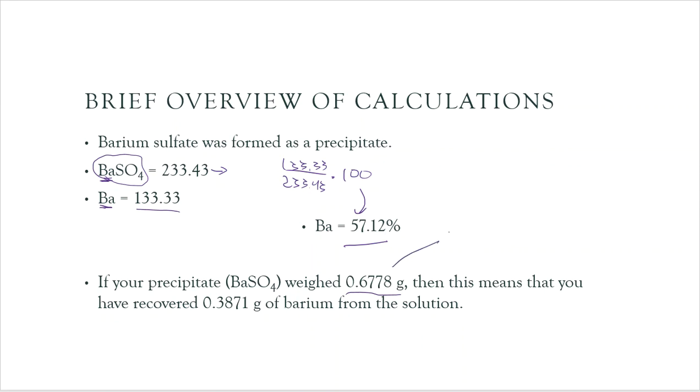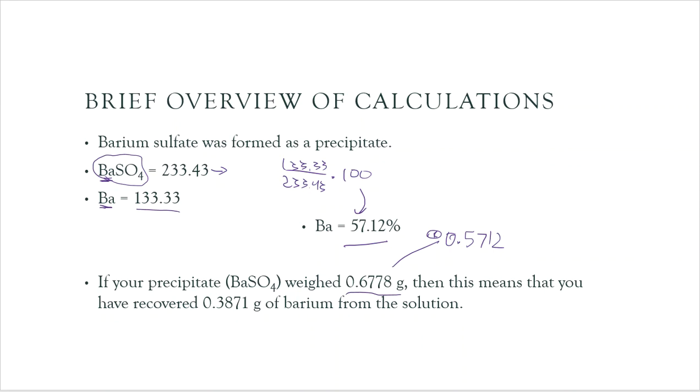Well, you know now that 0.5712, or 57.12%, represents barium. So if you've got a fancy calculator, you'll have to divide 57.12% by 100 to get it back into a decimal, and you'll take 0.5712 and multiply by 0.6778.